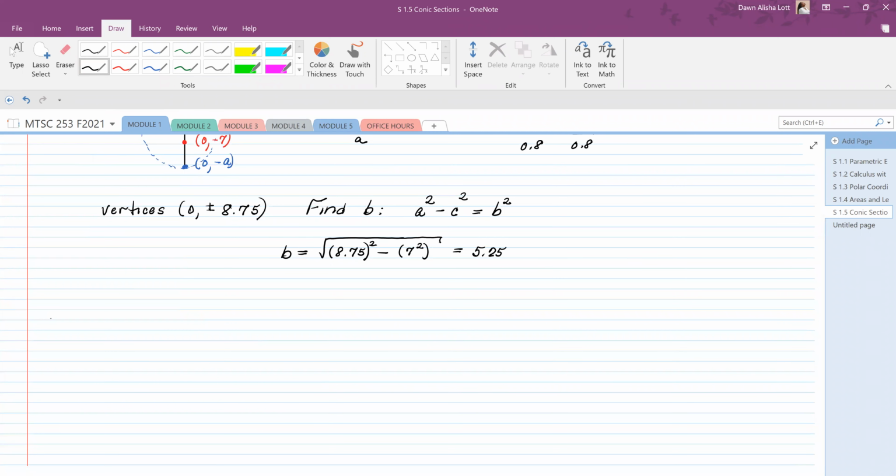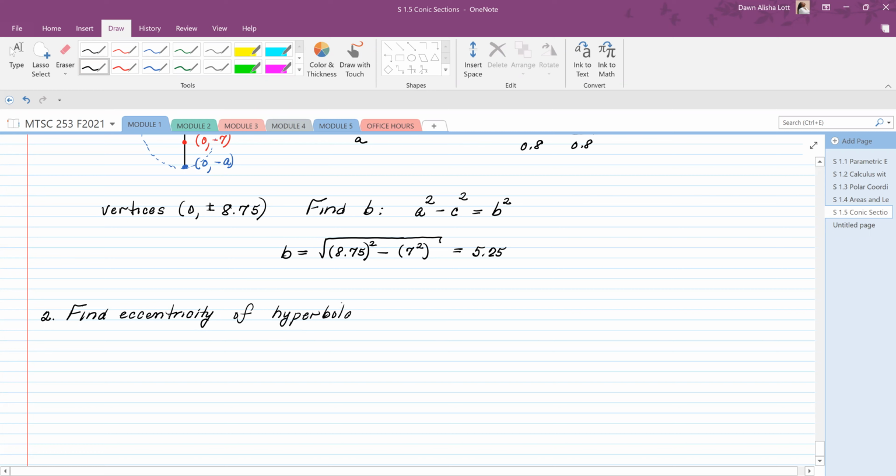And example 2 is find the eccentricity of the hyperbola 9x squared minus 16y squared is equal to 144. Okay, so we need to change this.